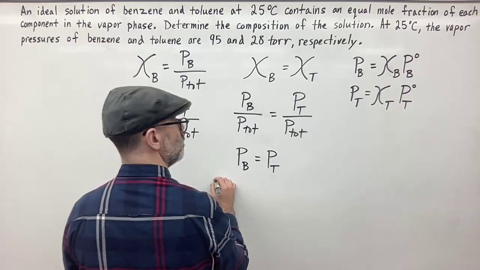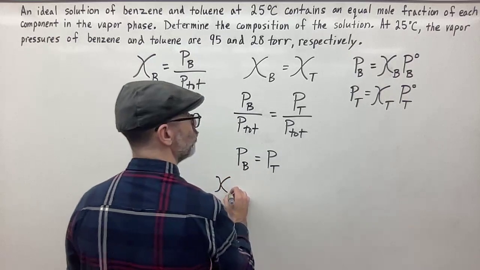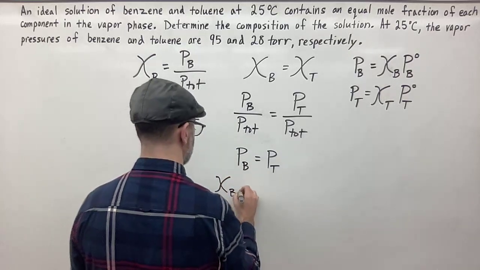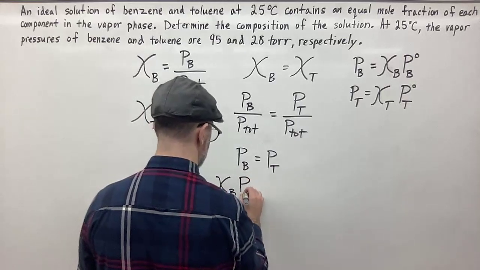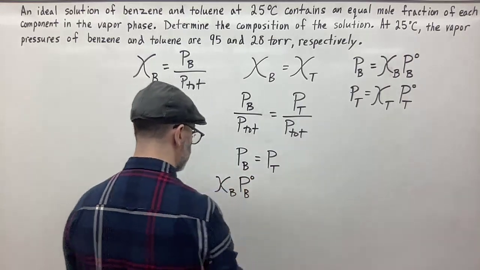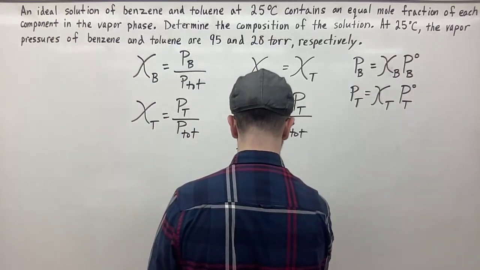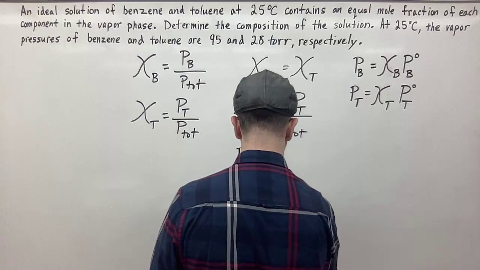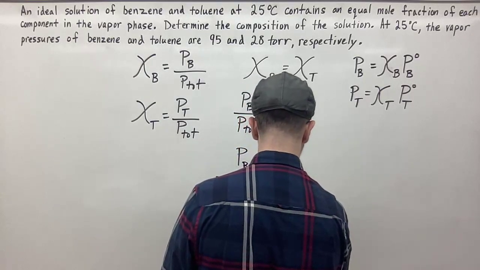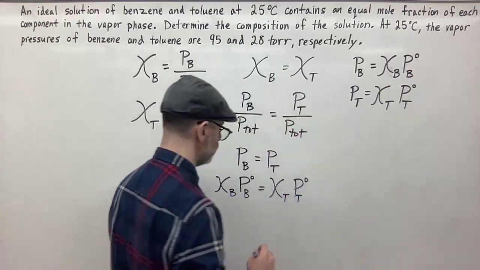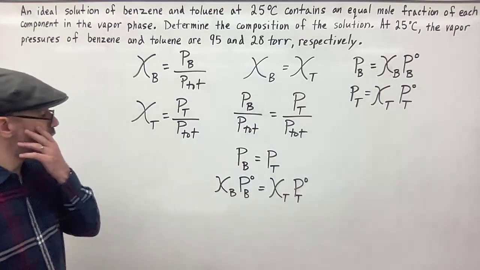So the mole fraction in solution of benzene multiplied by the vapor pressure of pure benzene is going to be equal to the mole fraction of toluene times the vapor pressure of pure toluene. Okay, so we're well on our way.